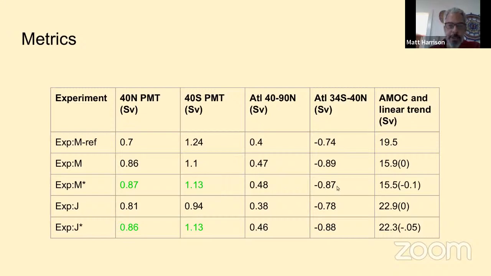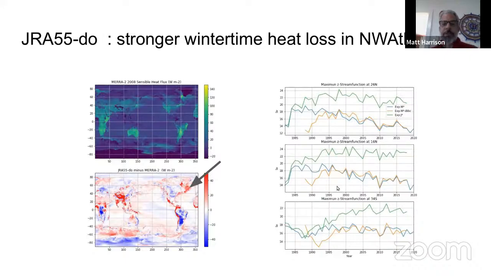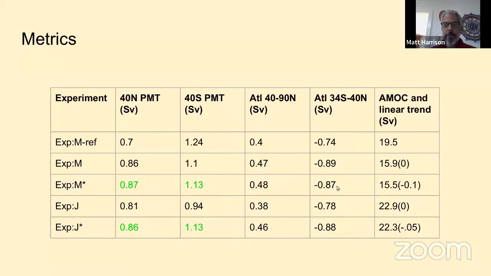And then there's a difference in AMOC. The MERRA run with everything included here slightly underestimates the RAPID estimates, with a pretty realistic weakening trend. And then the JRA runs tend to overestimate RAPID.